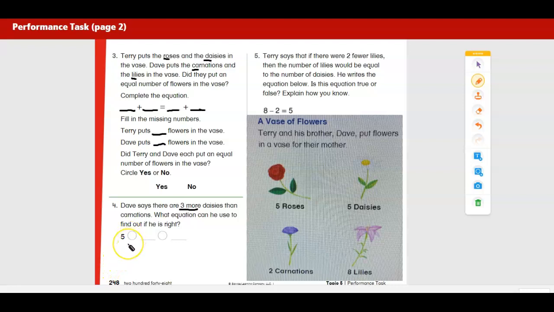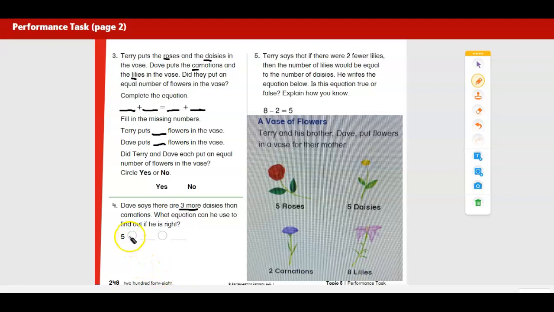So write the equation that Dave could use to see if he was right. We already have 5, which is the number of daisies on the chart. So if he is saying there are 3 more daisies than carnations, he could also be saying that there are 3 less carnations than daisies.